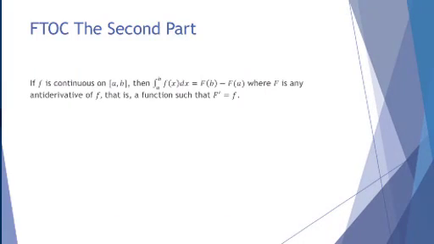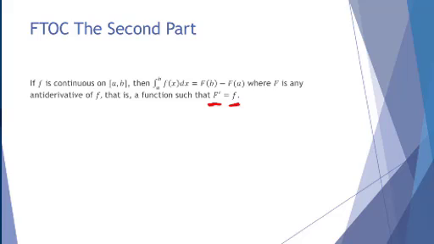Fundamental theorem of calculus, the second part, says the following. If f is continuous on [a, b], then the integral from a to b of f of x dx is equal to capital F of b minus capital F of a, where capital F is any antiderivative of f. Remember this from the previous sections? What we mean by that is when you take the derivative of capital F, you get little f. That's what we mean by antiderivatives.